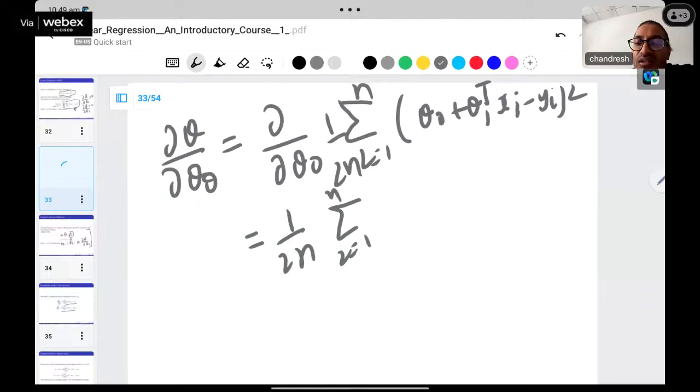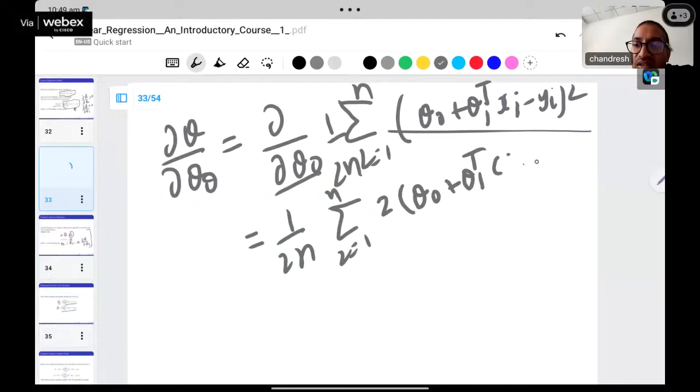Remember, the partial derivative will go inside the summation, and this is a square function, so the derivative of x squared is 2x. Similarly, we take this square, bring it down, and keep theta 0 plus theta 1 x_i minus y_i to the power 2 minus 1.